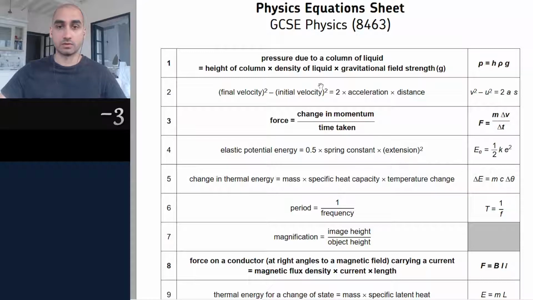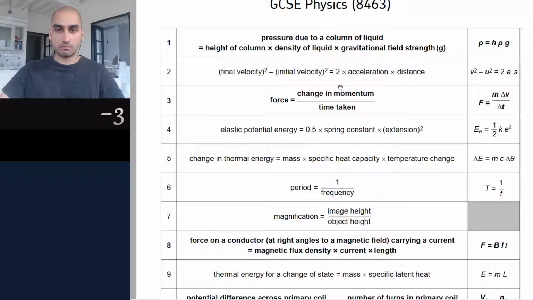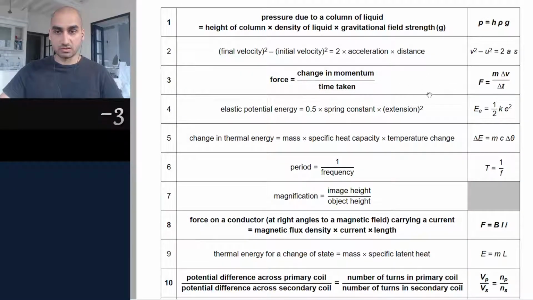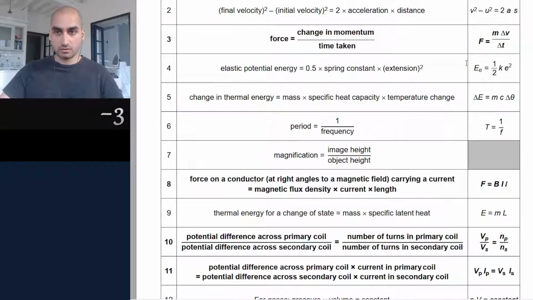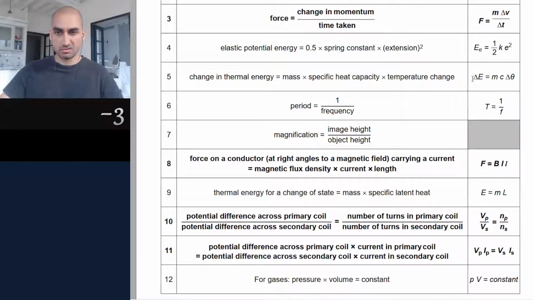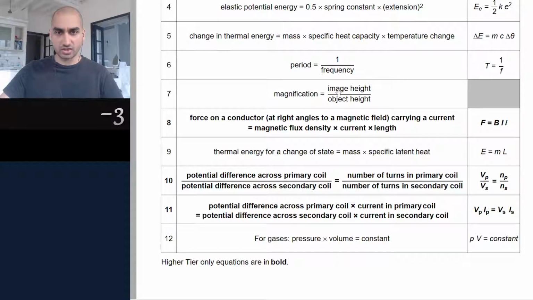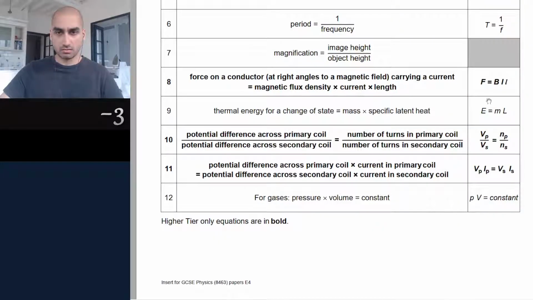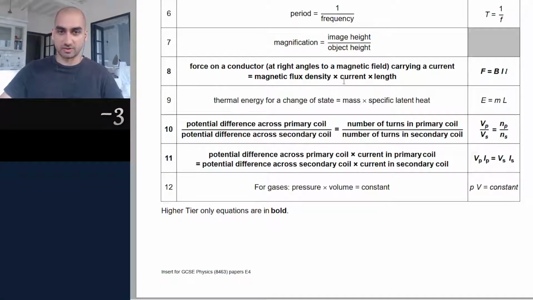We've got the formula now. Oh, these are the distance acceleration equations. Okay, fine. We got Newton's second law, kind of. We got elastic potential, change... Magnification. Okay. Force on a conductor at right angles to a magnetic field carrying it. Okay. I mean, as long as we have the formula, we can try to work out how it gets used.